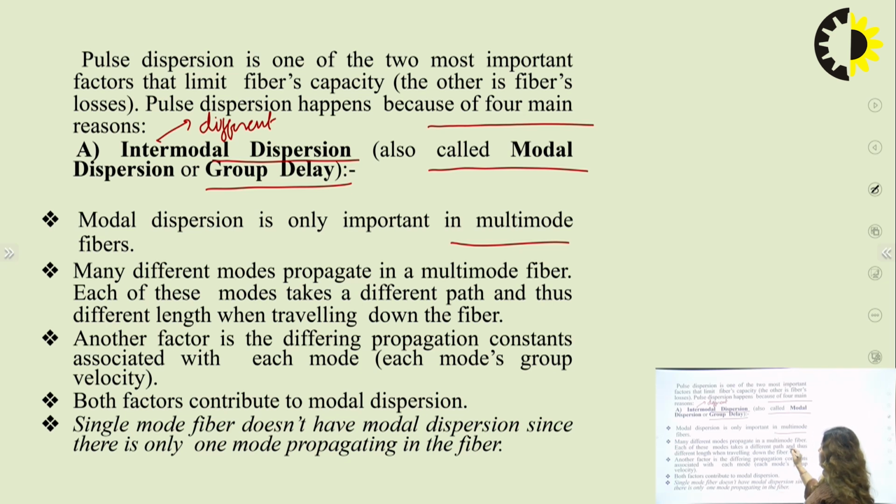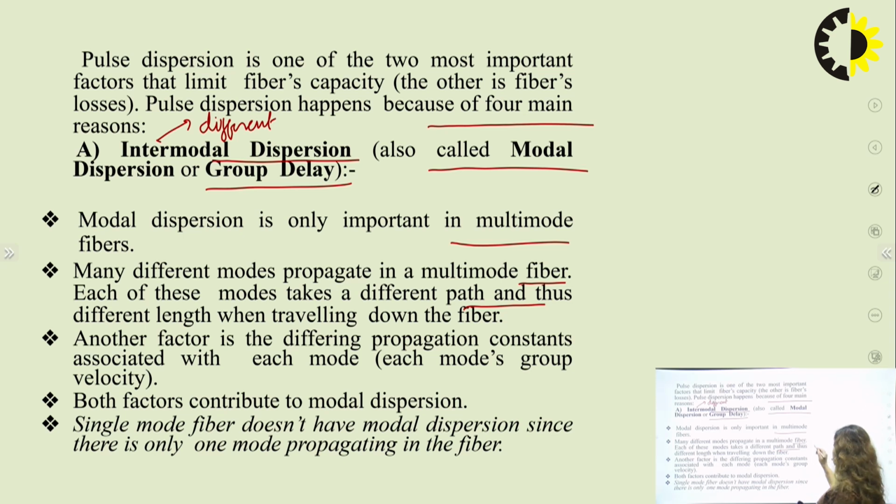Many different modes propagate in a multimode fiber. Each of these modes takes a different path and different length when traveling down the fiber. Another factor is the differing propagation constant, that is beta, associated with each mode. So each mode's group velocity is different.